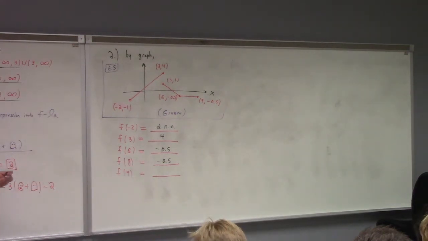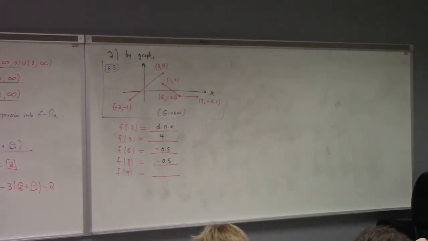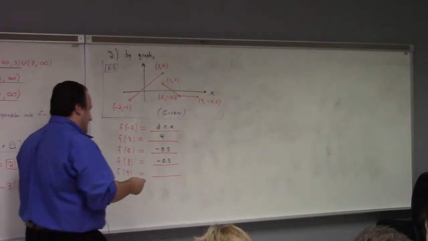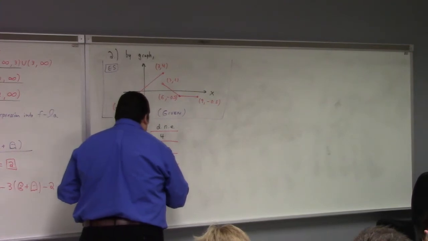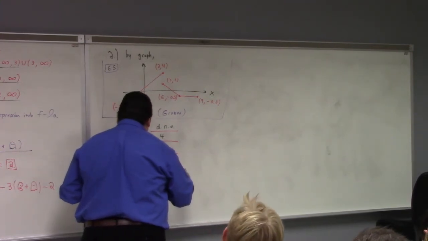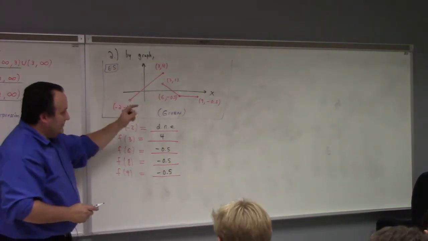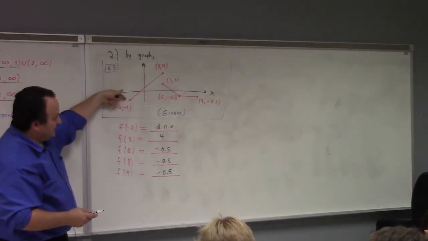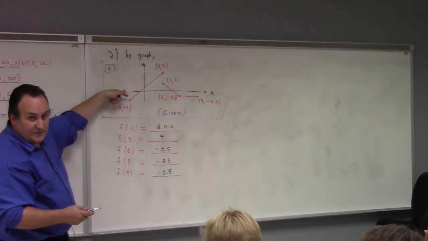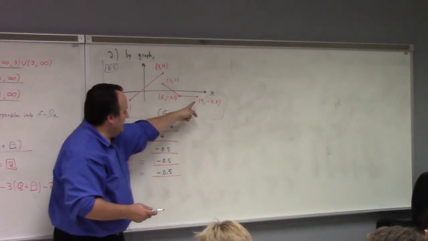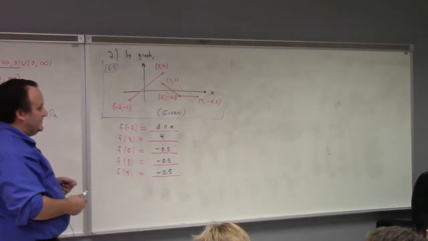And what's f of 9? Again, negative 0.5. The difference between the minus 2 we started with and the 9 we finished with is that at minus 2 the dot was open, which means it's not included in the domain, whereas over here the dot is filled in, which means that the point is in the domain.